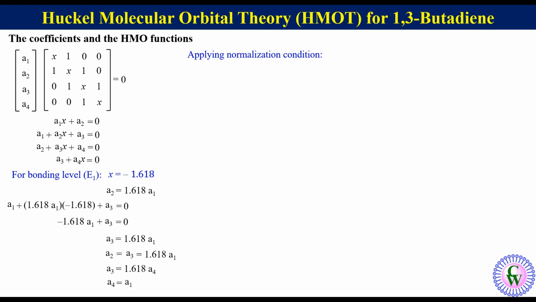Now applying normalization condition, which is A1 square plus A2 square plus A3 square plus A4 square is equal to 1.